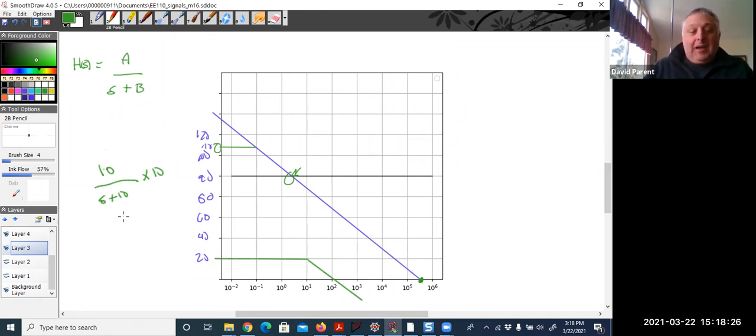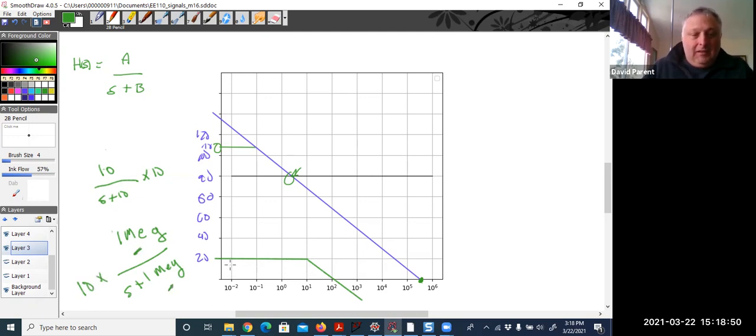But sometimes what happens is, what if you were doing 1 meg over s plus 1 meg, and then we'll say times 10? So the break frequency is a megahertz.